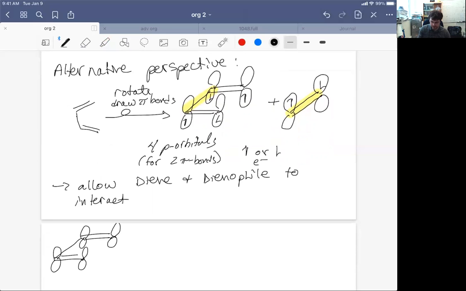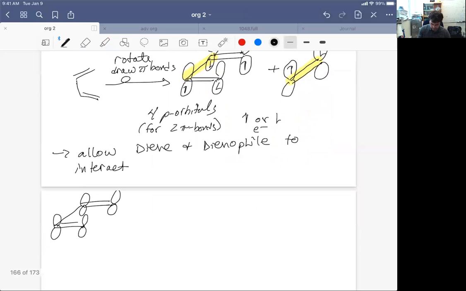I'm just going to draw the p orbitals, and I'm going to allow the diene to swim underneath. It could go on top, but imagine I've got my dienophile right here. Sorry, I said diene, I meant to say dienophile. I have my dienophile up here, and it's flat, but it's tilted a little bit. Maybe I'll draw it like this. So I've got one end and the other end, and there's some p orbitals around my knuckles here.